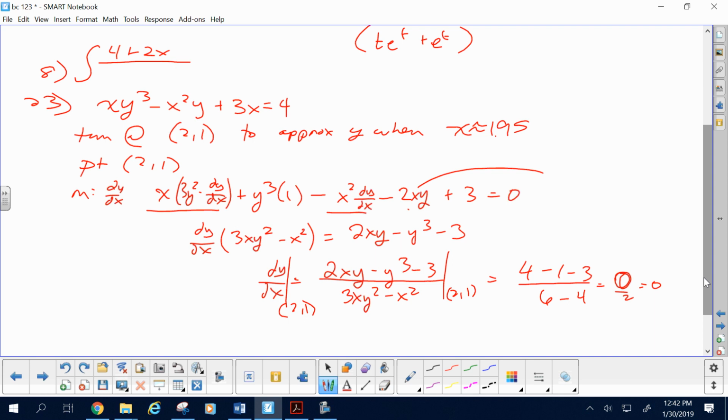Cool. So that means I would expect, going a little to the side, that the y would stay the same. So I'm doing 1 as my estimate. But if you wanted to write a tangent line, it would be y minus 1 equals 0 times x minus 2, so y equals 1.